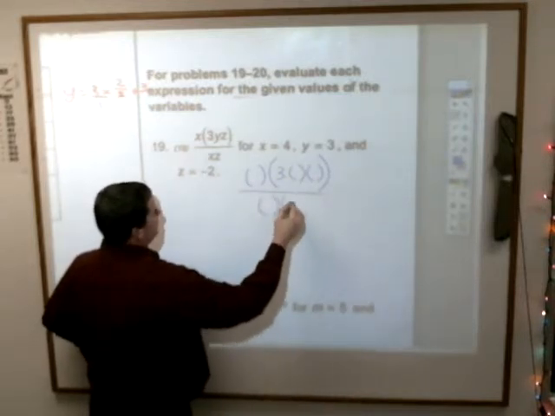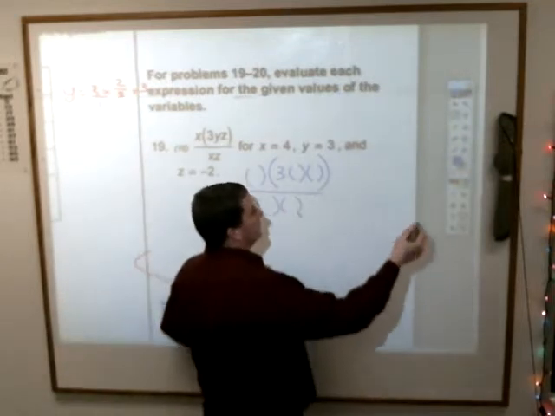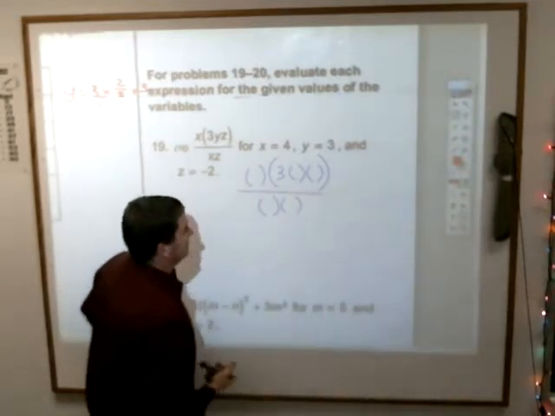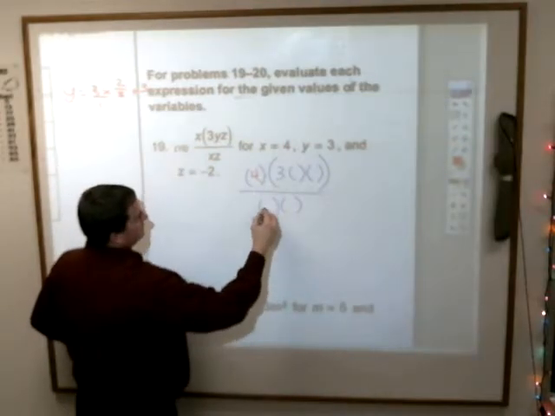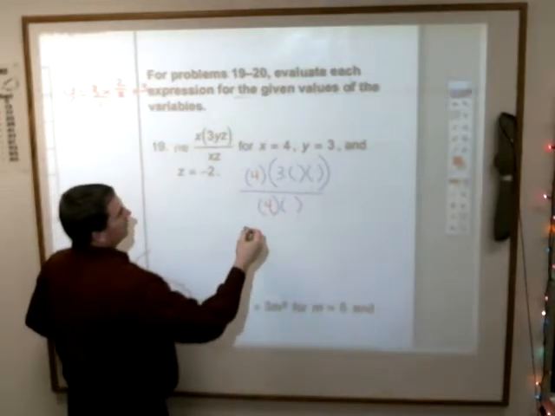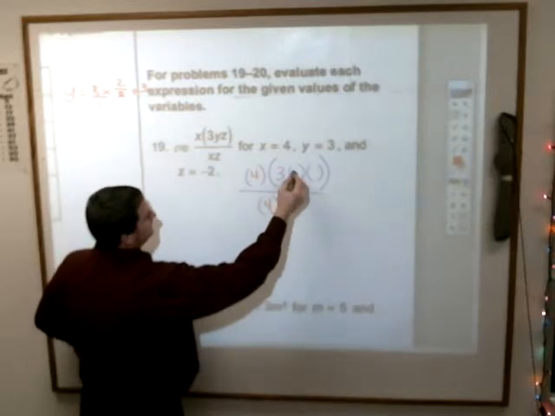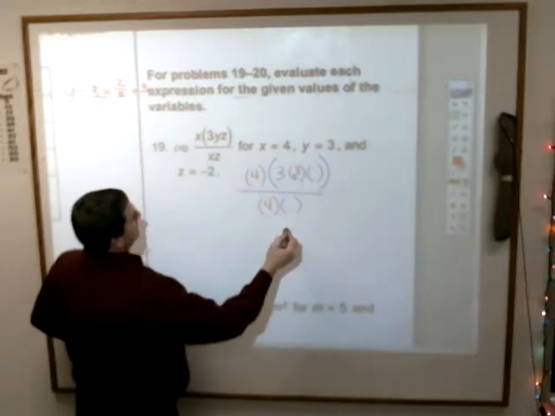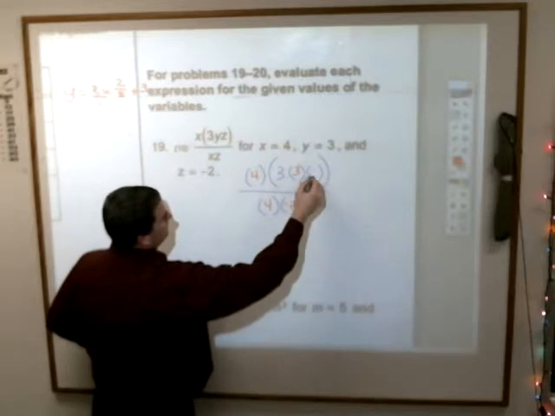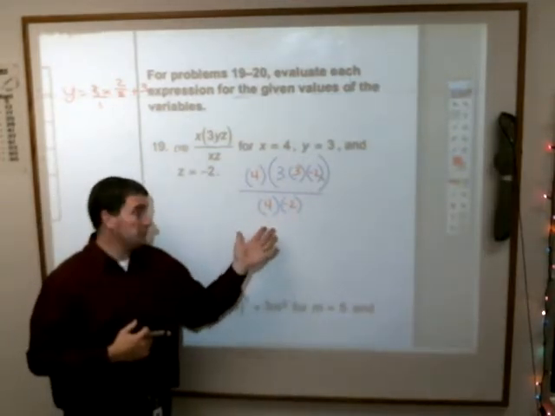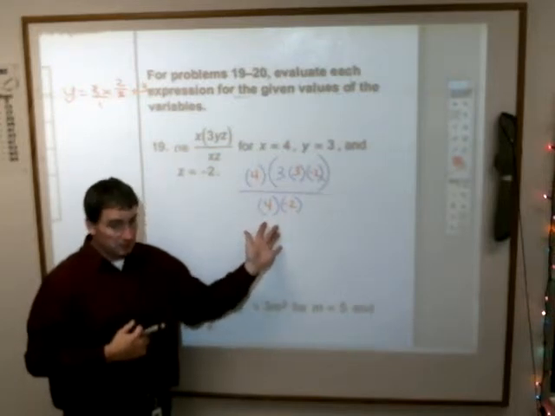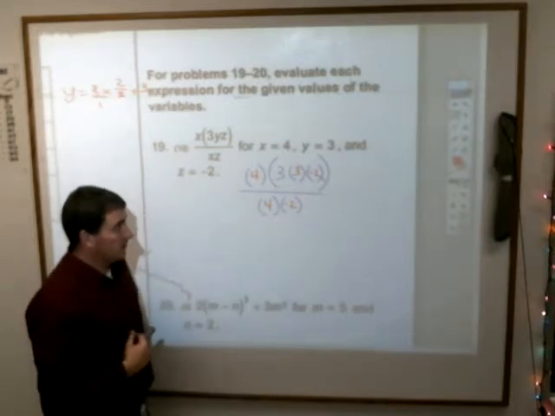I'm just saying, if you struggle with this, some of you maybe you're good enough not to do this, but I still do it. X is 4. I'm not doing it just to appease you. Y is 3. And Z is -2. See, if you don't put that parenthesis in there and you just put those numbers there, you might think that was addition or subtraction rather than multiplication, which it is.